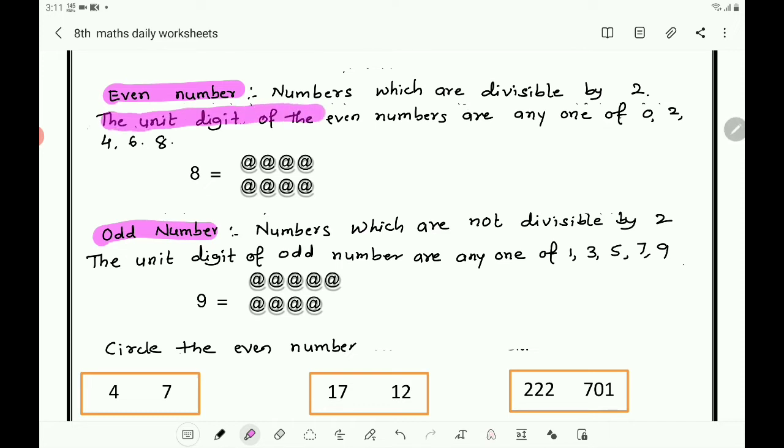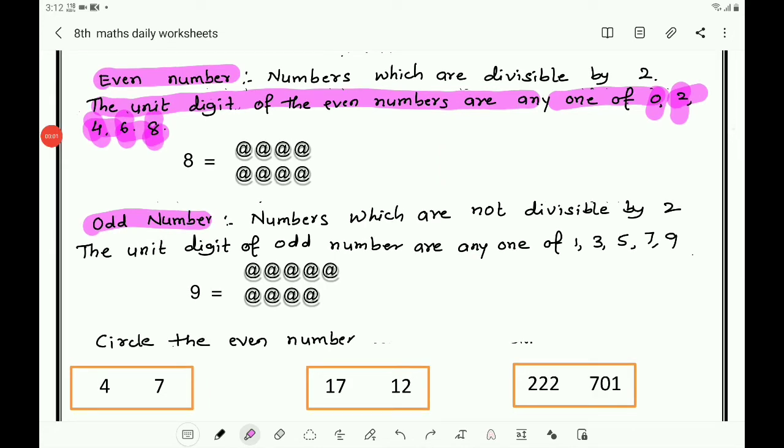The unit digit of even numbers is any one of 0, 2, 4, 6, 8. If the unit digit of a given number is 0, then you can conclude it is an even number, or if the unit digit is 2, then also it is an even number. If the unit digit is 4, then also it is an even number. If the unit digit is 8, then also it is an even number.